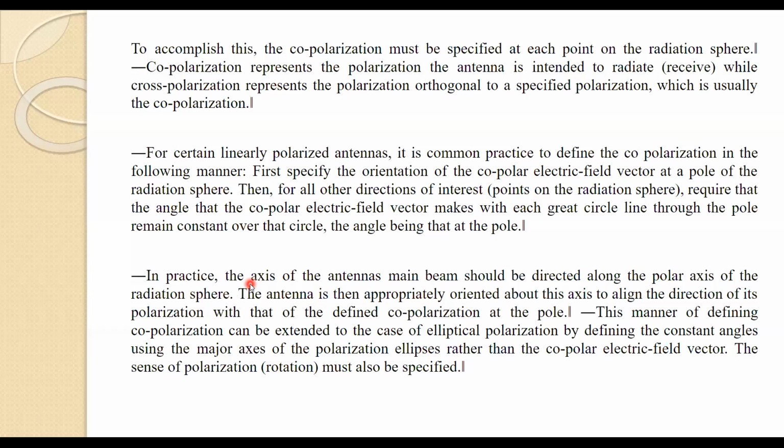This manner of defining the copolarization can be extended to the case of elliptical polarization by defining the constant angles using the major axis of the polarization ellipse rather than the copolar electrical field vector. So the sense of polarization must also be specified.